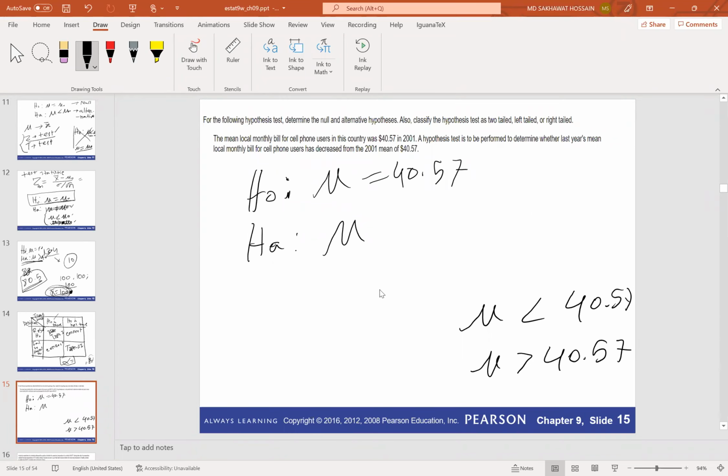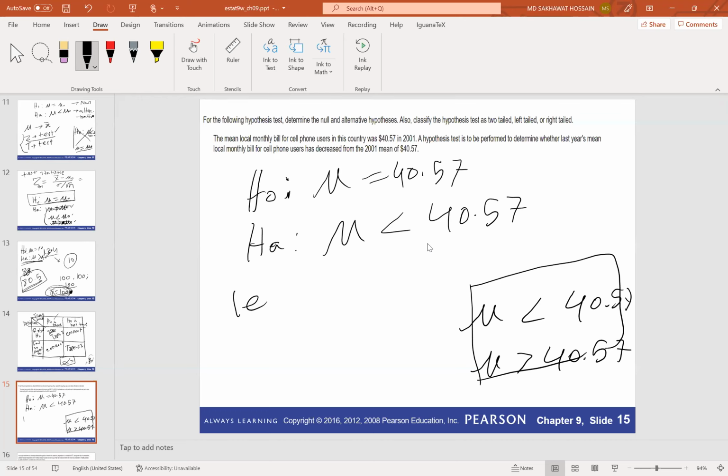Less than, right? Yeah, that's correct, because we want to see whether it has decreased or not. So we want to test mu less than 40.57. Since we want to test mu less than this, this is a left-tailed test. Do you have any question?